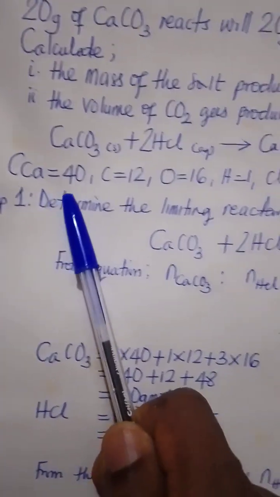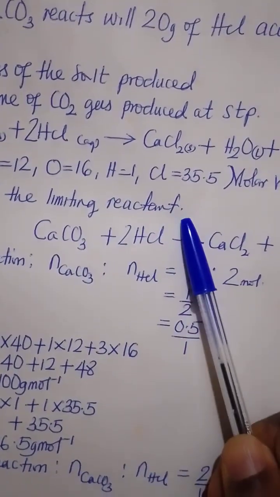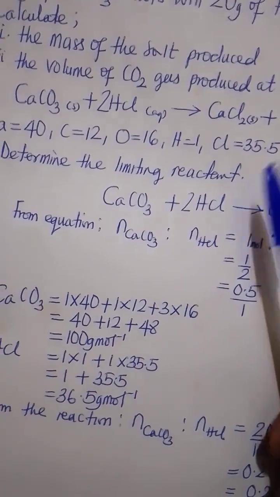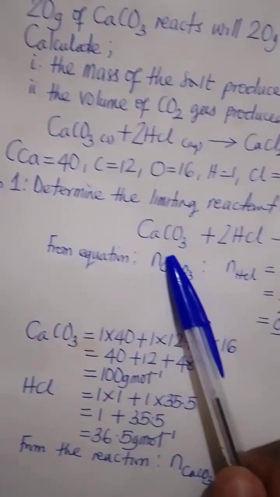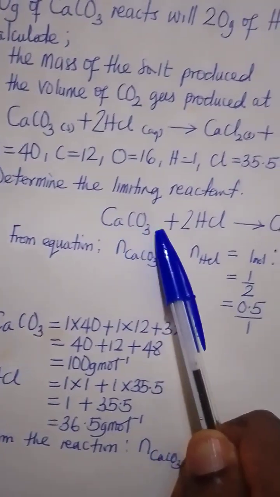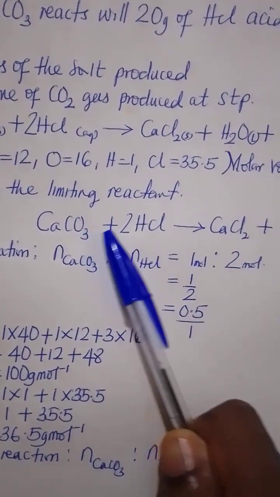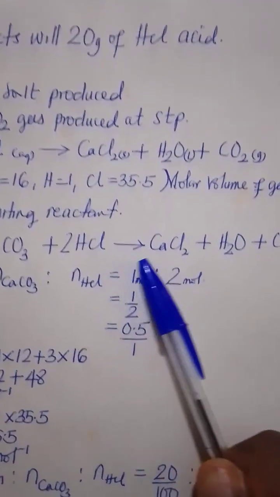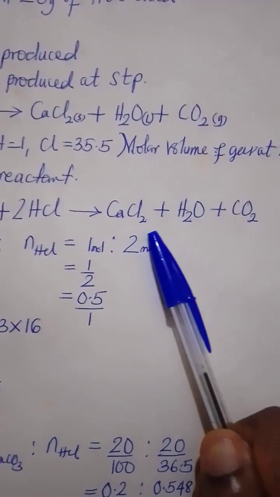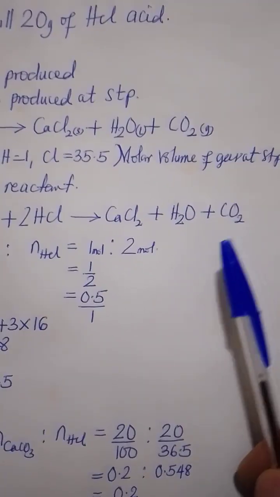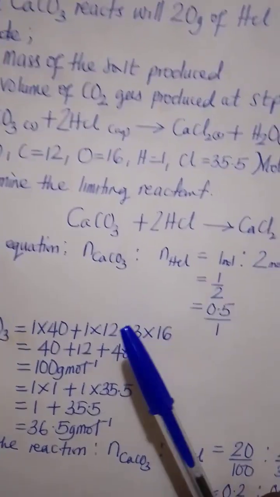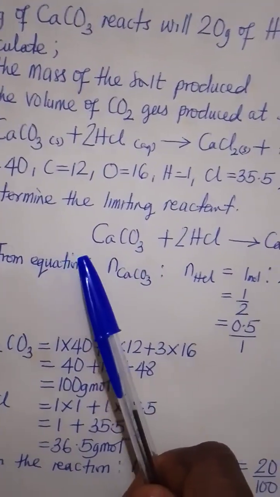Let's see the steps to follow. Step 1 says determine the limiting reactant. How do we do that? We get the equation again: CaCO3, HCl, CaCl2, H2O, and CO2. We must make sure that the equation is balanced.